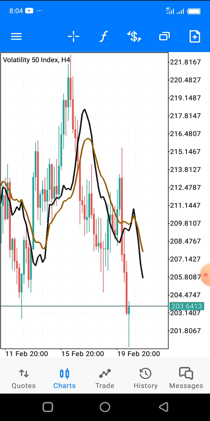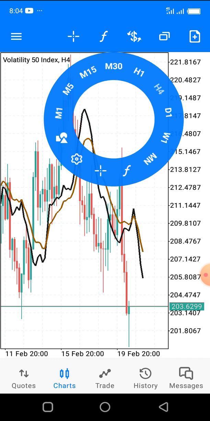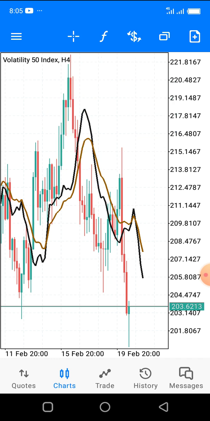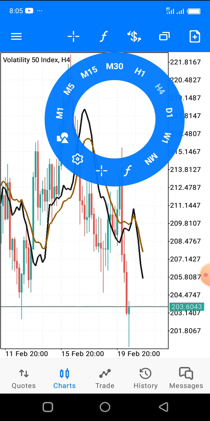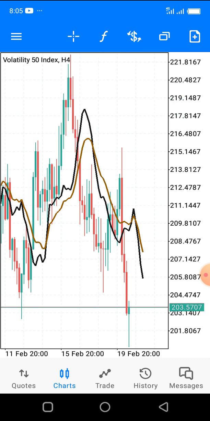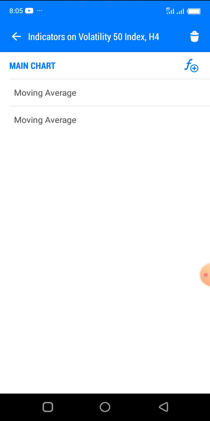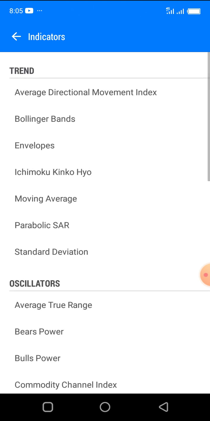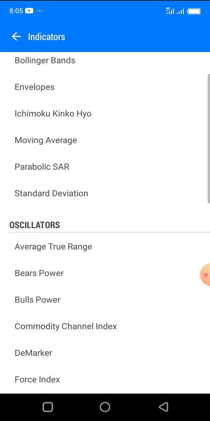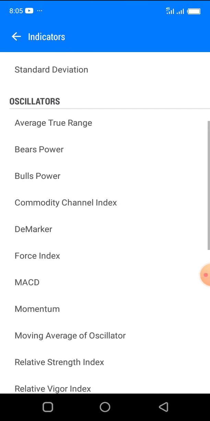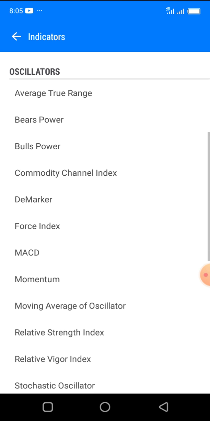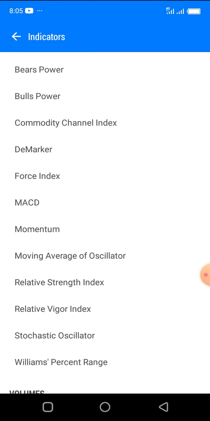Now what I'm going to do is apply the RSI, the relative strength index indicator, on my charts. I click on the F symbol on the main chart. Now I look for my RSI in the list of indicators. This is it, relative strength index.